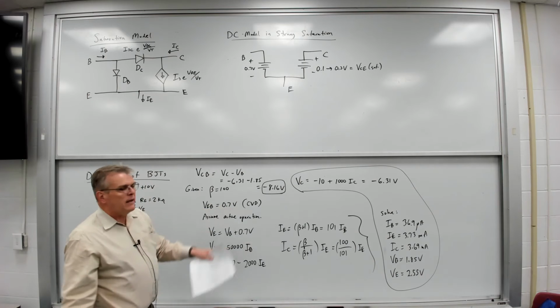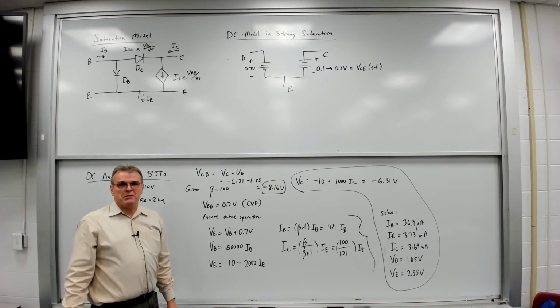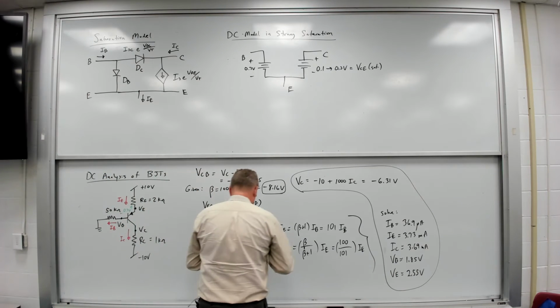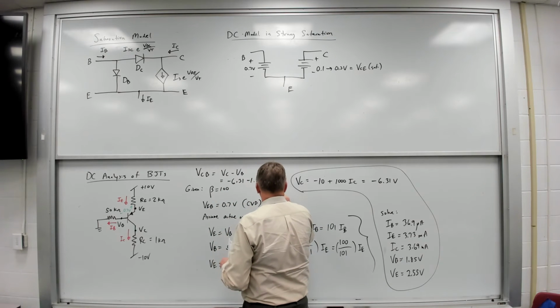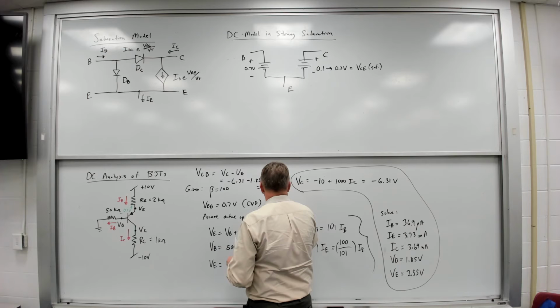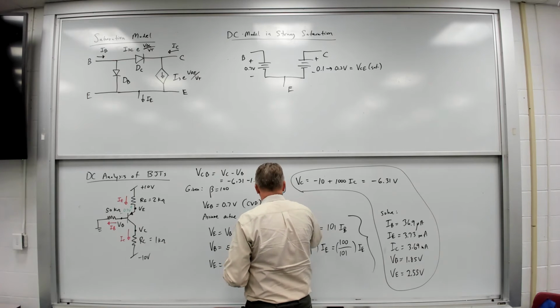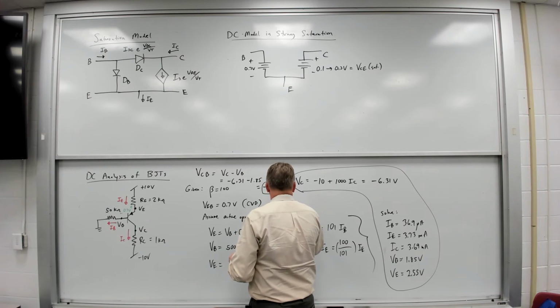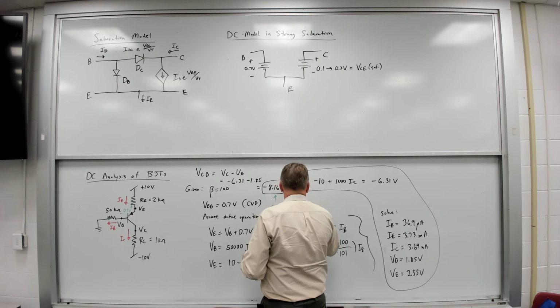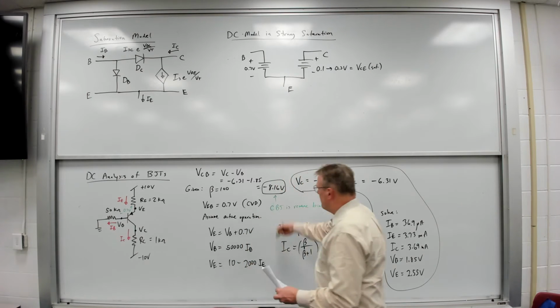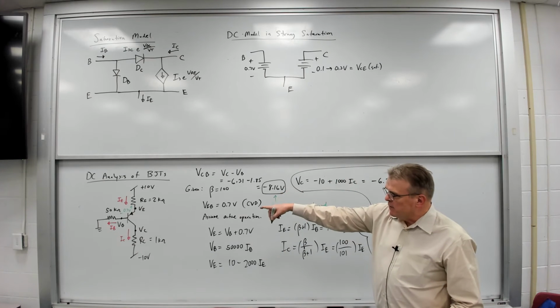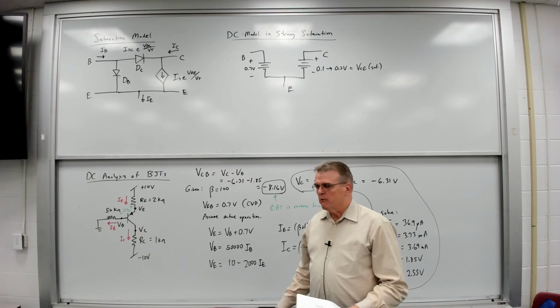And clearly, this is a reverse biased diode. The collector base junction is reverse biased. And therefore, my active operation is confirmed: base emitter forward biased, base collector reverse biased.